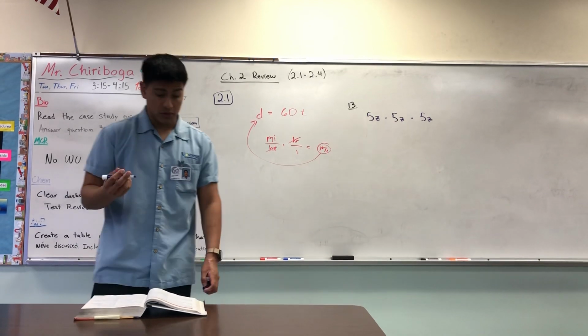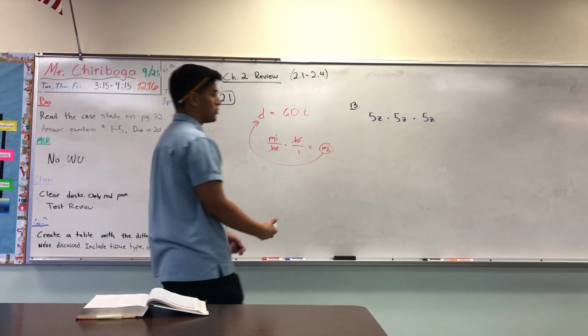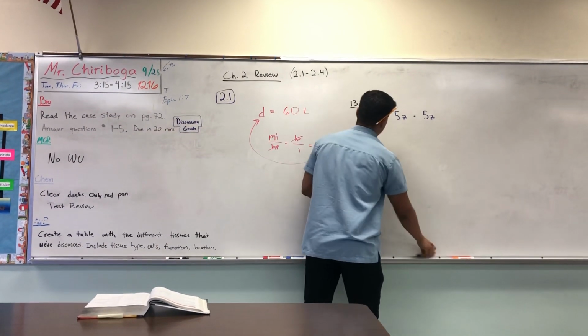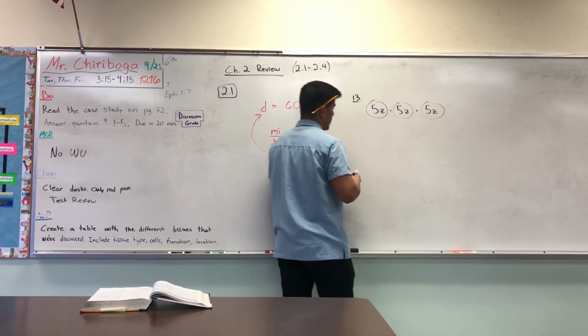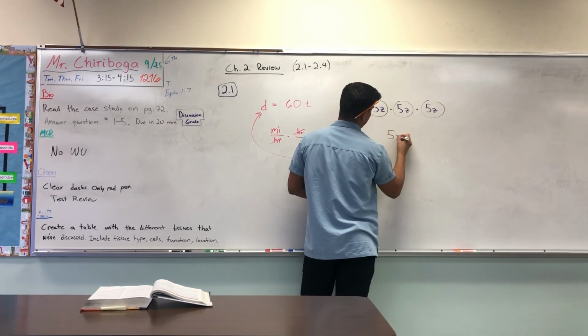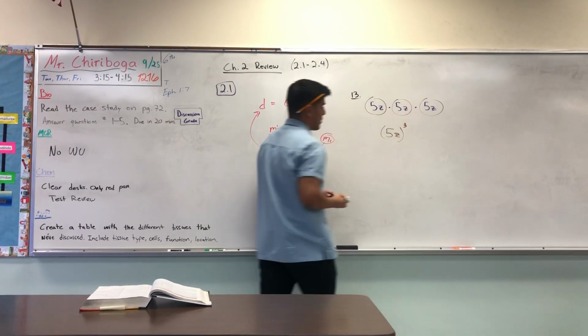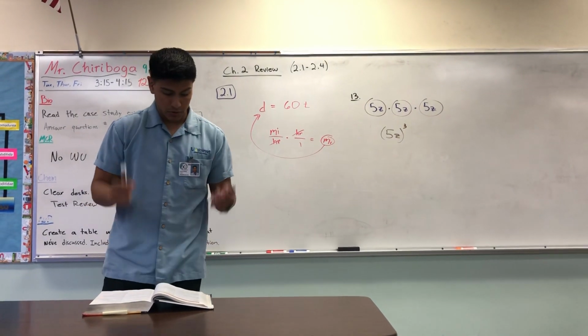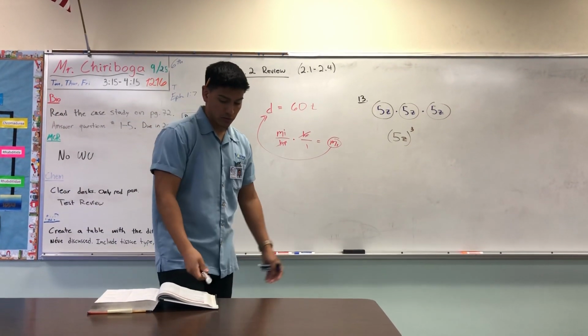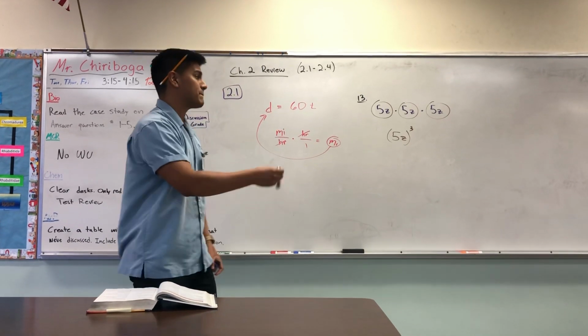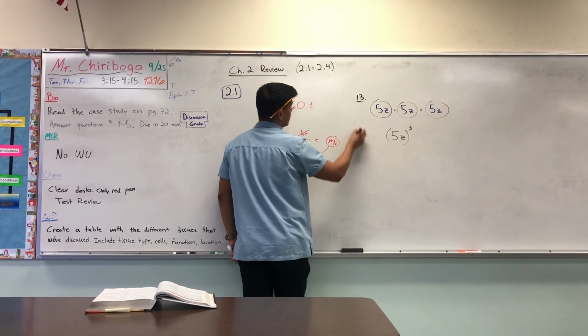Remember, exponential form is just the same thing multiplied by itself multiple times. Here you have the same term multiplied by itself 3 times. So the way you would answer this is 5z to the 3rd power. So be able to go from factored form, 5z times 5z times 5z, into exponential form, and vice versa.